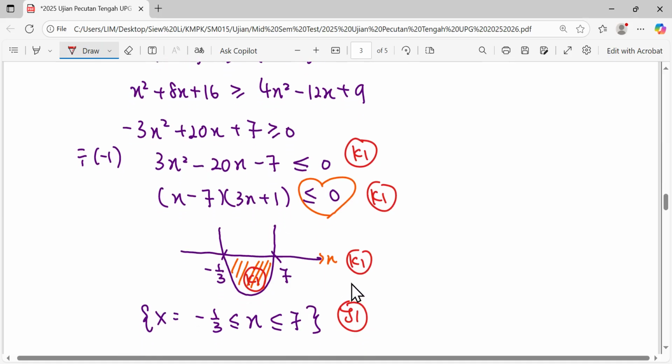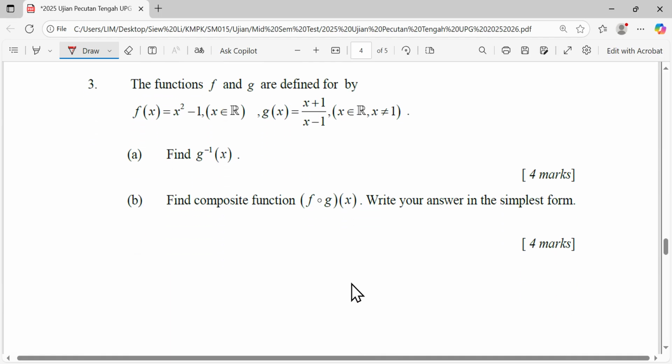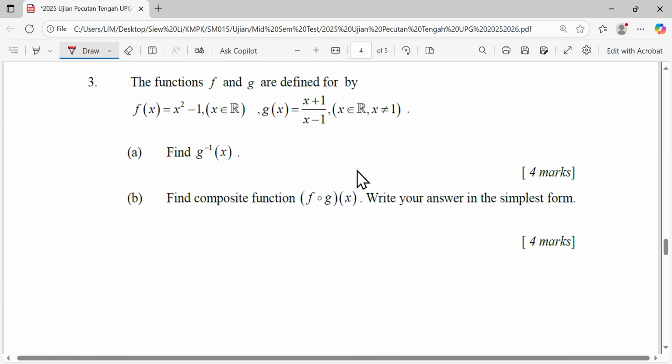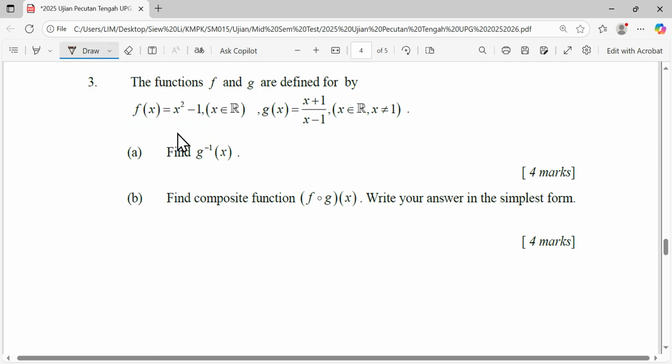Alright, then we move on to the next question, which is our topic 5, function. Given here, functions f(x) and g(x) are defined as a quadratic. This one just general, all the real numbers means this is a general quadratic without restriction, without condition.